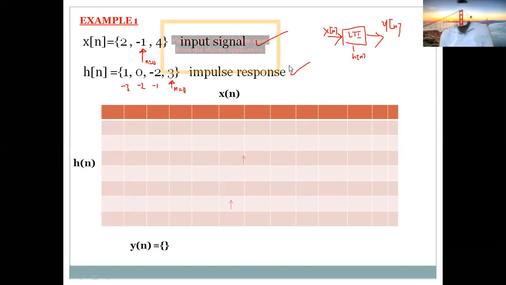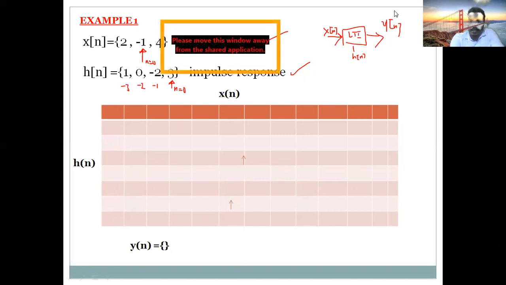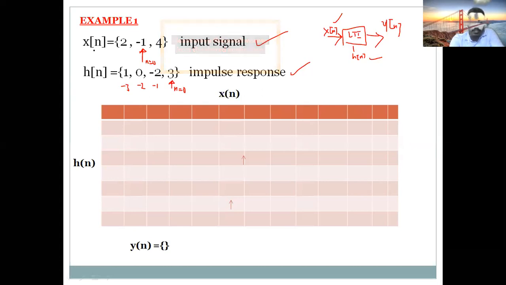Convolution sum is a very important mathematical equation, which is used to determine the response of a system if impulse response and input is given. There are so many methods. In this case, we'll see the easiest one, which is the tabular method. Okay.